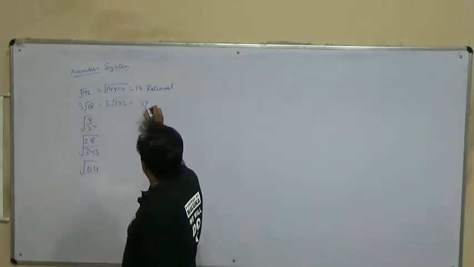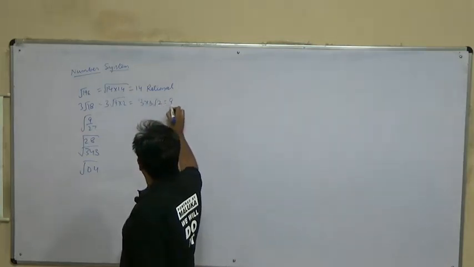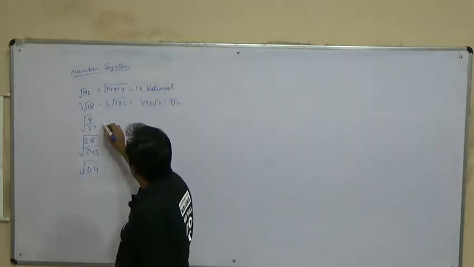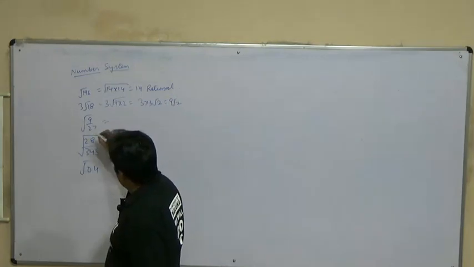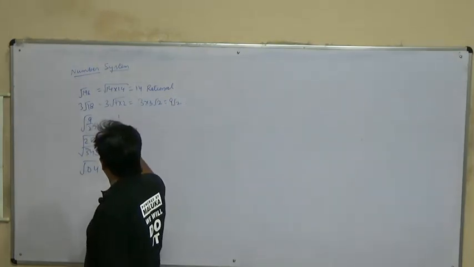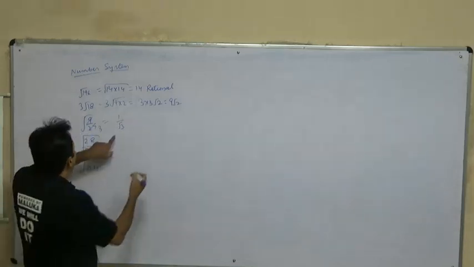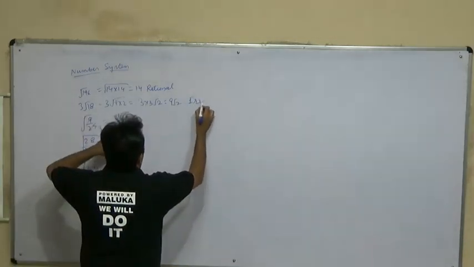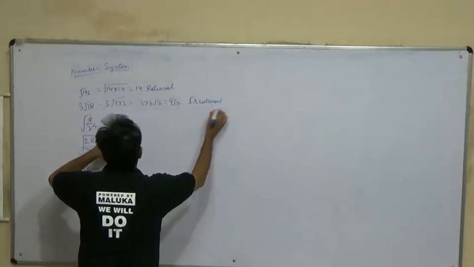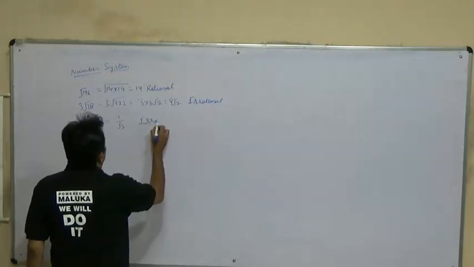So 3 into 3 under root 2, which is 9 under root 2. Now this can be cancelled out and this comes out to be 1 by root 3. So 1 by root 3 is irrational. This is also irrational.